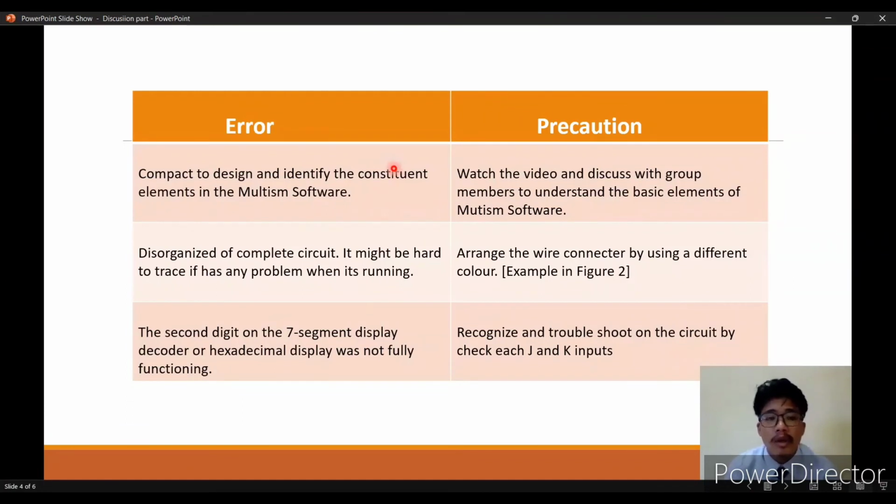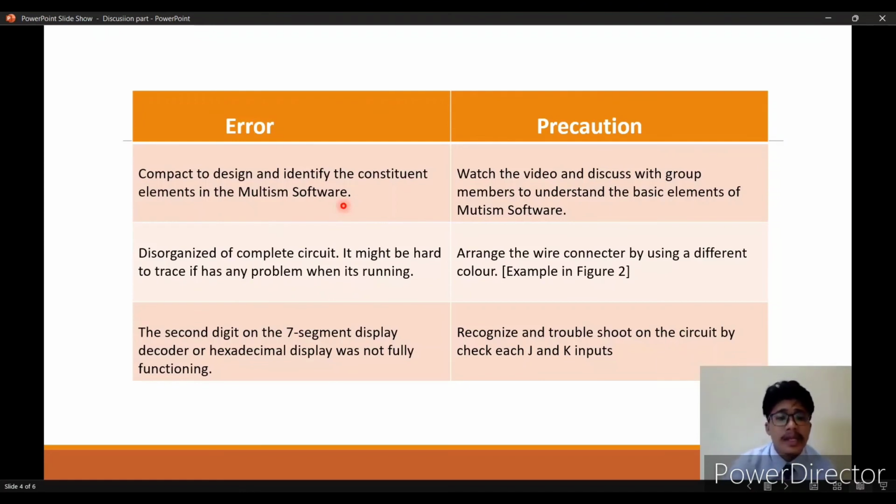Okay, now I will continue with the problems and solutions part. The first problem is that the circuit is compact, making it hard to design and identify the constituent elements in the Multisim software. The precaution is that we watched videos and discussed with each other in the group to understand the basic elements of Multisim software.